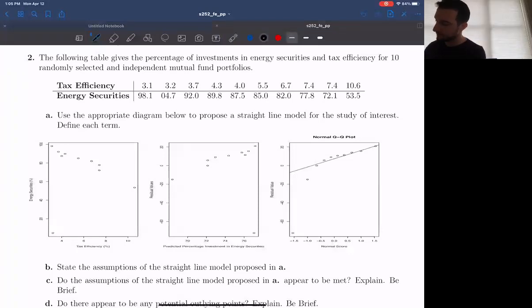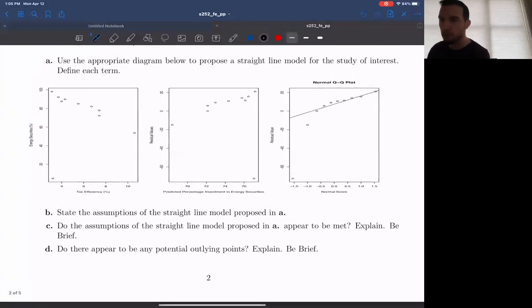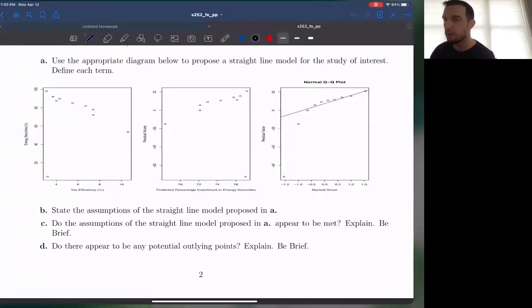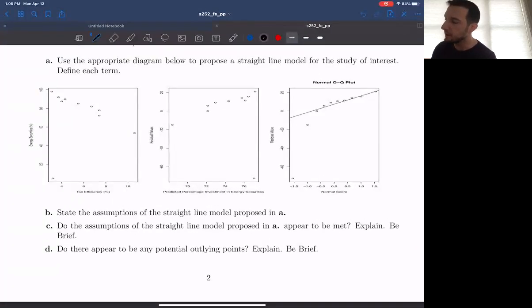Now, in the first 4 problems, we're basically just setting up the analysis. So we're just asking: does it seem like we can use a linear model? Does it seem like normality and constant variance are intact? And does it look like there are any outliers? These are all things that we've learned how to do from evaluating the plots. Very briefly, it's pretty clear that the model assumptions are not really intact here. You can clearly see from the normal probability plot that we have curvature.